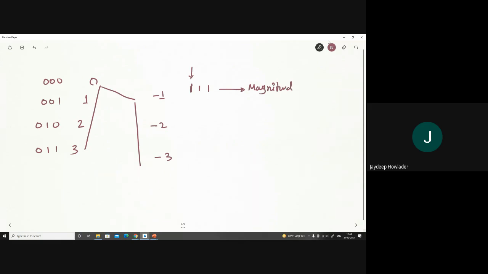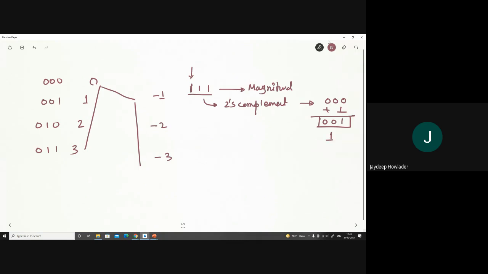We take the 2's complement of the number. First we flip the bits, so it becomes 0 0 0, and then we add a 1, and it becomes 0 0 1. So its magnitude is 1.